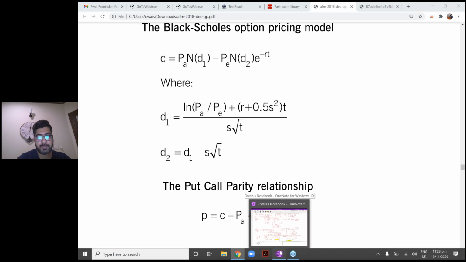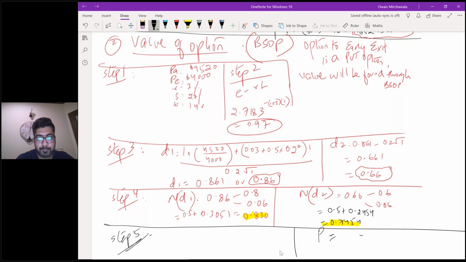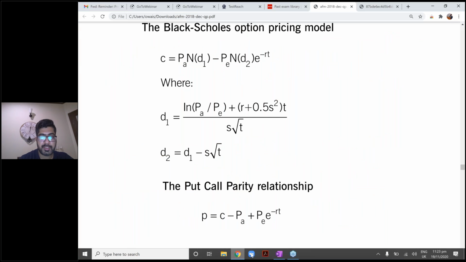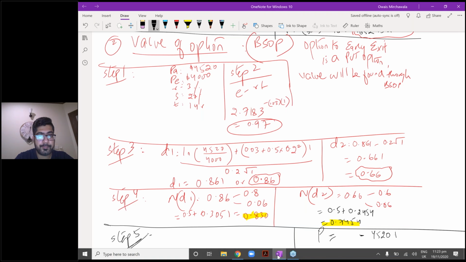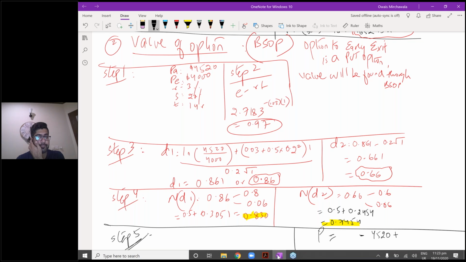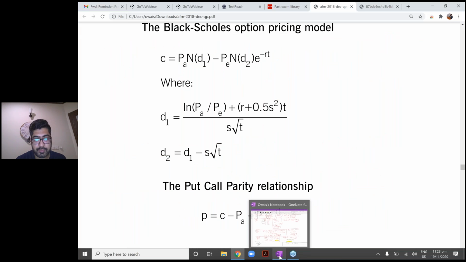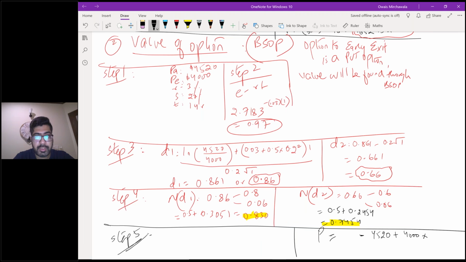So it's call minus PA 4520 plus PE 4000 into e to the power minus RT, which is 0.97.